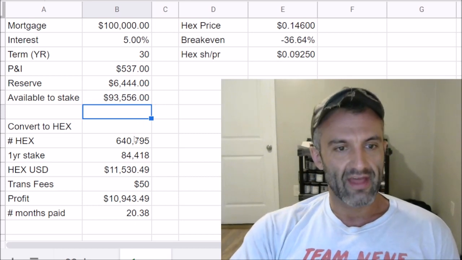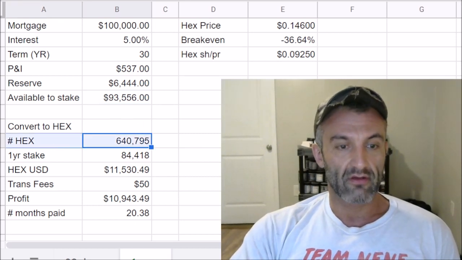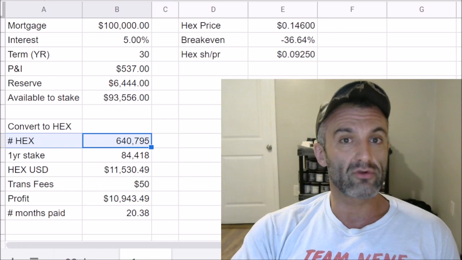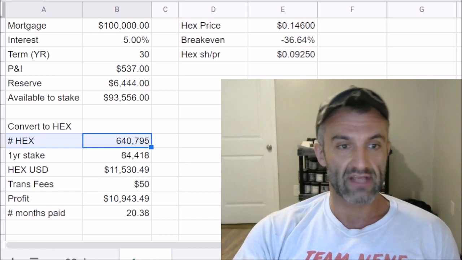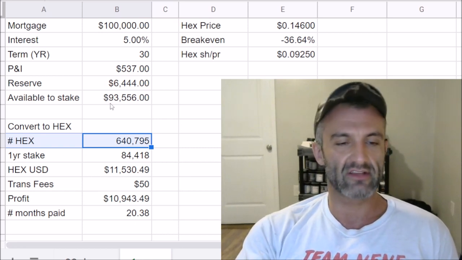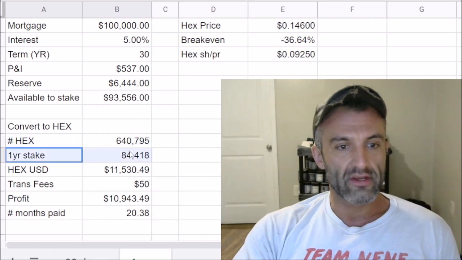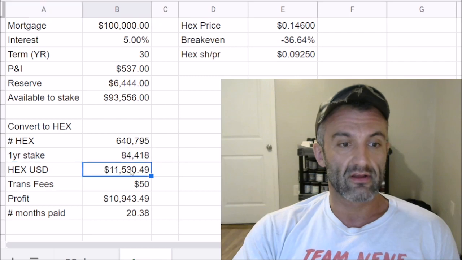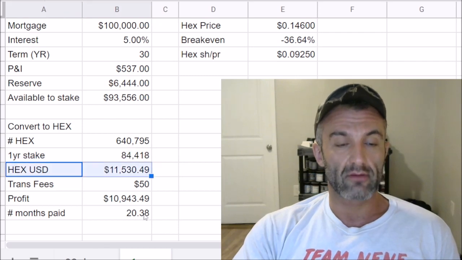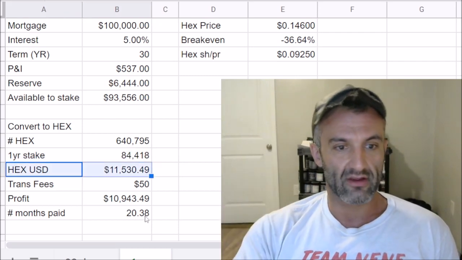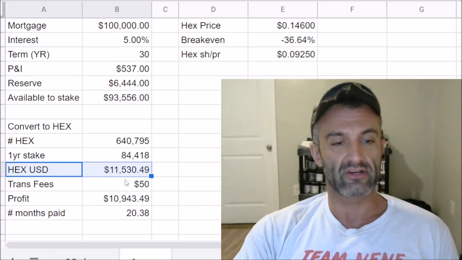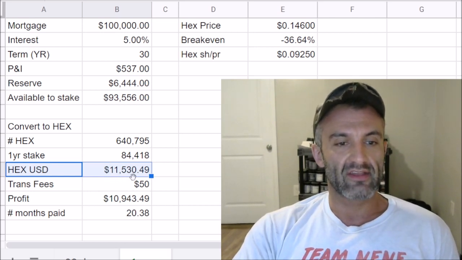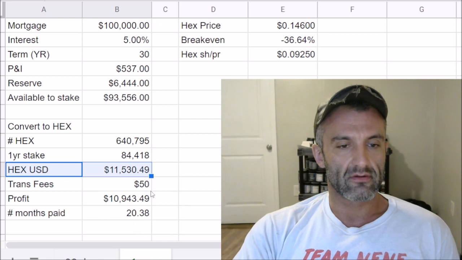Now that leaves us effectively 640,000 HEX, right? So now we take $93,000 and convert that to HEX. A 1-year stake yields us 84,000 new HEX. That in USD terms, so this is the profit effectively before transaction fee, is $11,500.